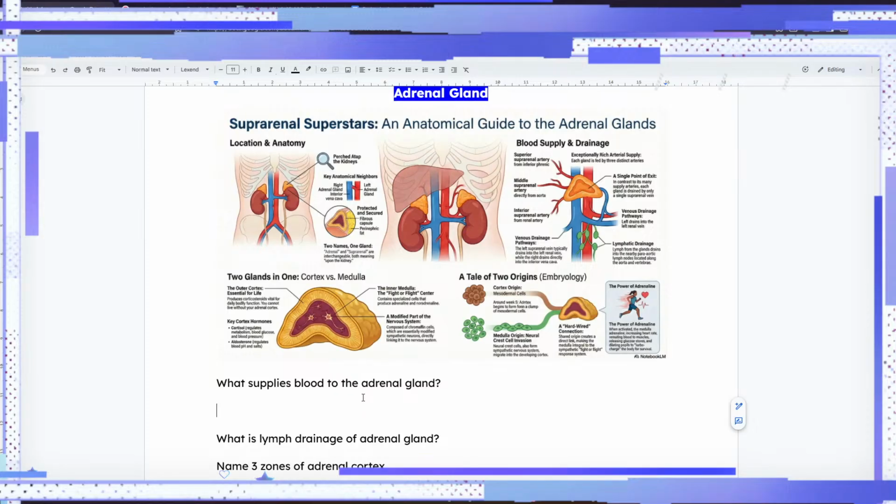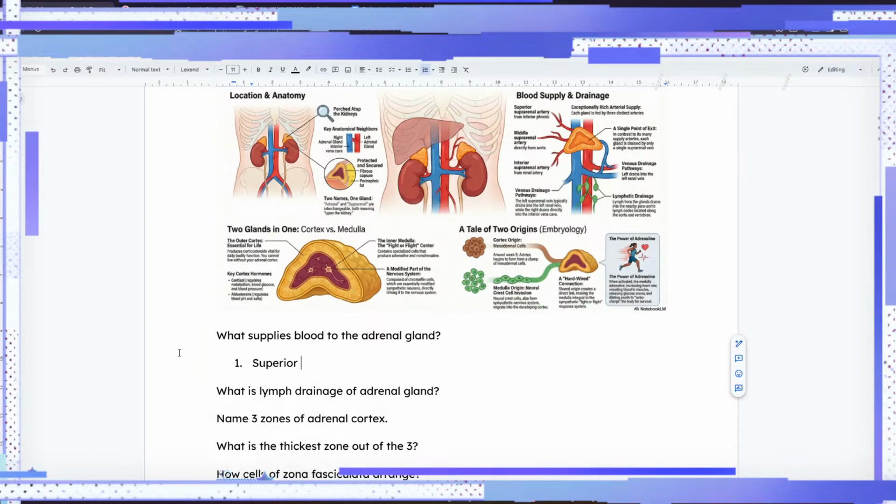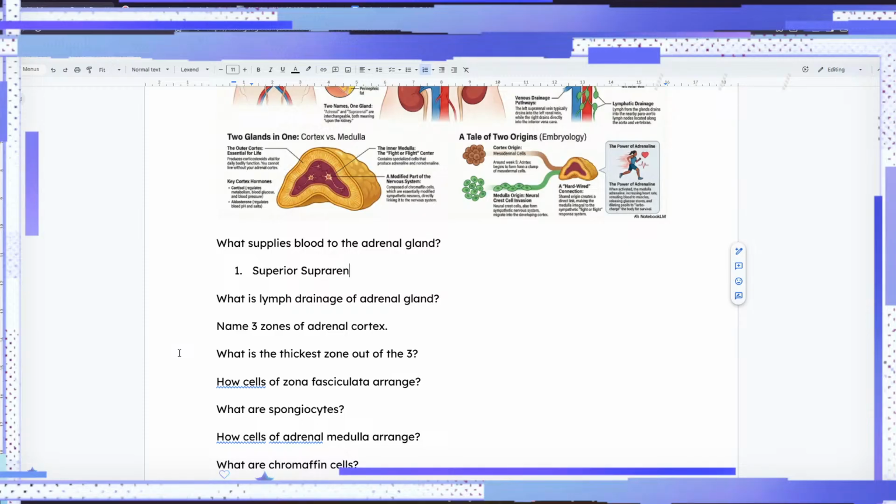So you basically have three different sources, right? The superior suprarenal artery, from the inferior phrenic artery.